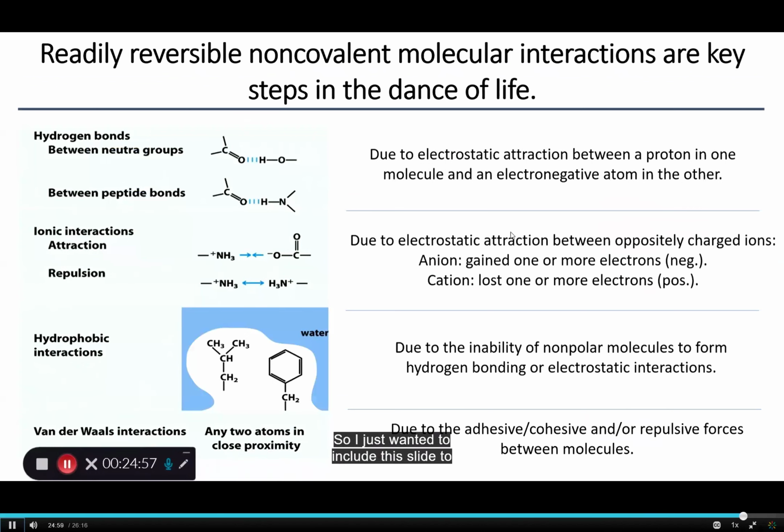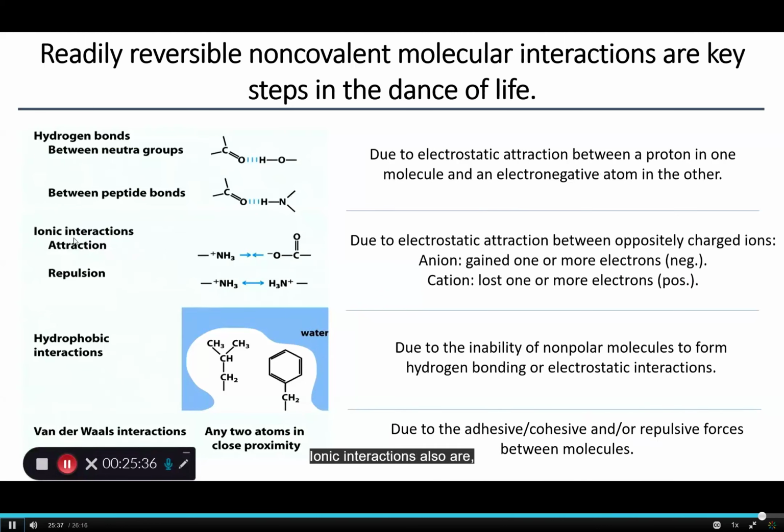So I just wanted to include this slide to sum up all of that that I just mentioned, the different types of bonds that water can form with biochemical molecules. And so hydrogen bonds will occur due to electrostatic attractions between a proton in one and the electronegative atom in the other. And so this would be hydrogen bonds occurring between water molecules in liquid water, or between a water molecule and the polar head of a phospholipid, or a polar hormone dissolved in the bloodstream.